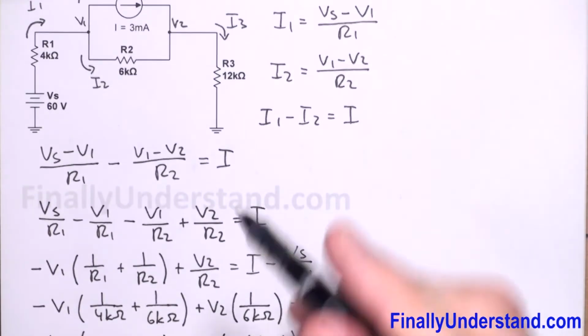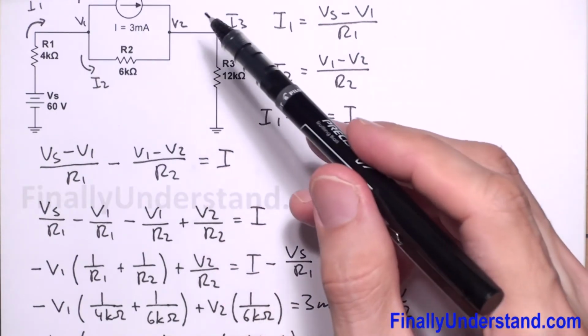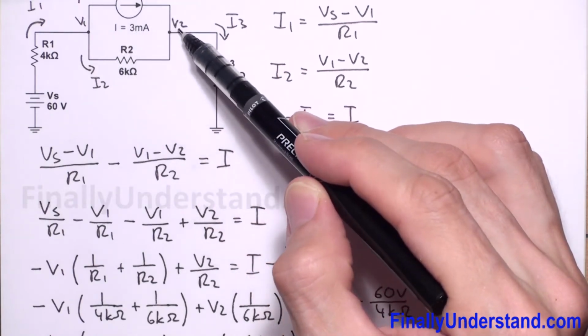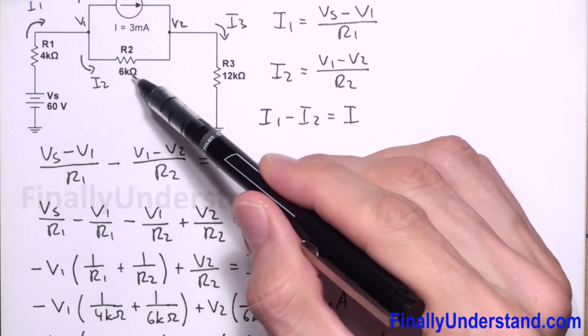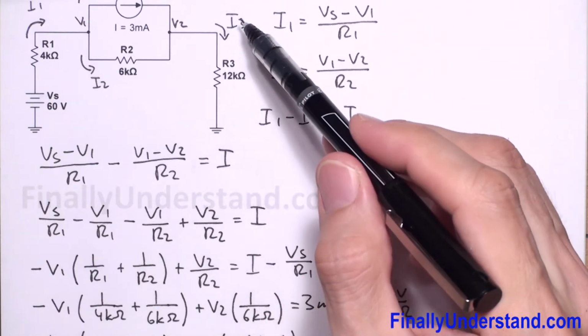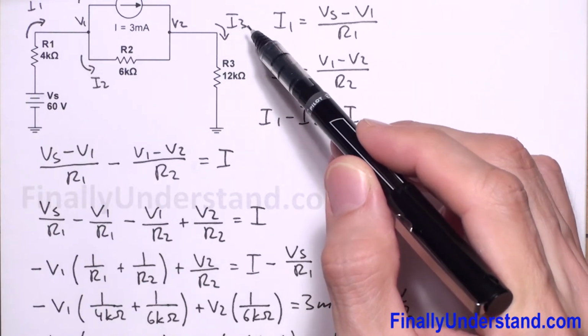So let's take a look at what we have over here. Start with the currents first. I'm going to have I going to the node 2, and I2 also is going to go to the node 2, and I3 is going to leave node 2.